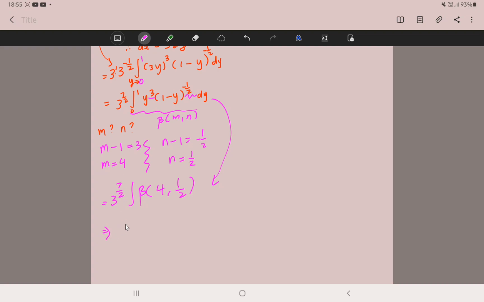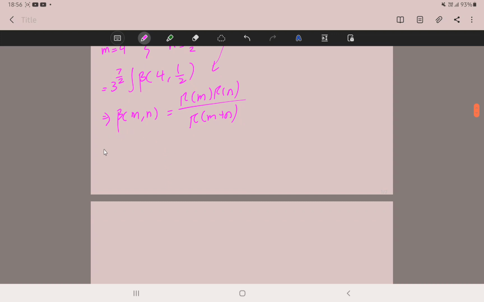If you remember, you can replace the beta function with the gamma function. This is equivalent to gamma of m times gamma of n divided by gamma of m plus n. So for the case of beta of 4, half, this is the same as gamma of 4 times gamma of half divided by gamma of 4 plus half, which is 9/2.